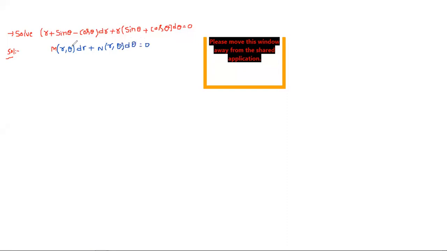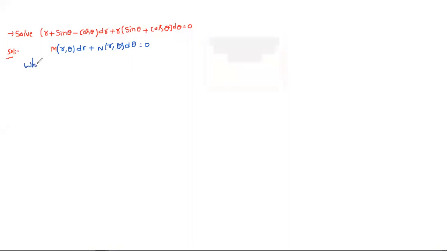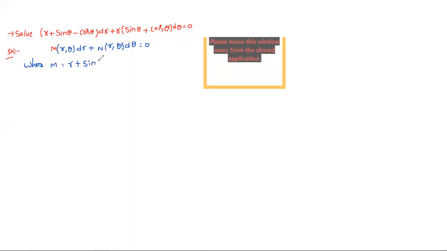It means M is a function of r and theta, and N is also a function of r and theta. So M is equal to r plus sine theta minus cos theta, and N is equal to r into sine theta plus cos theta.